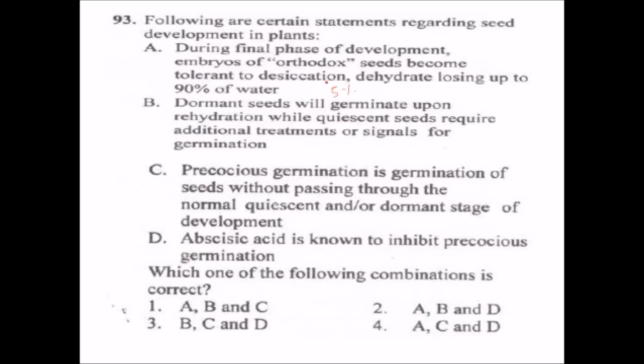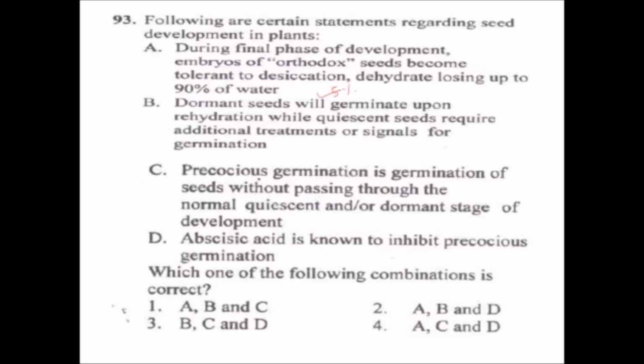And such types of seed is also known as precocious germination, and this statement also seems to be correct, as precocious germination is the germination of seed without passing through the normal quiescent or dormant stage of development. So here orthodox seeds can even germinate in 5% hydrated conditions.